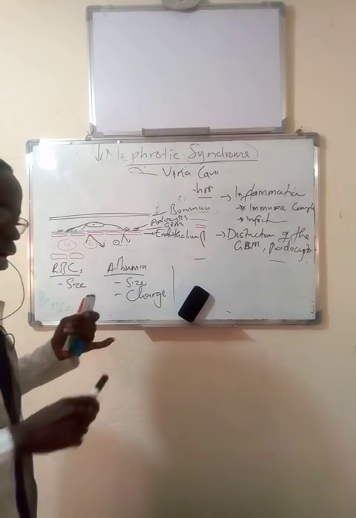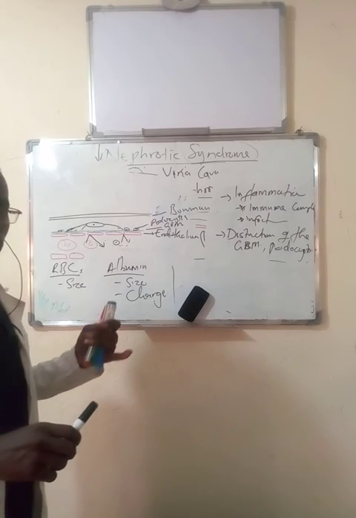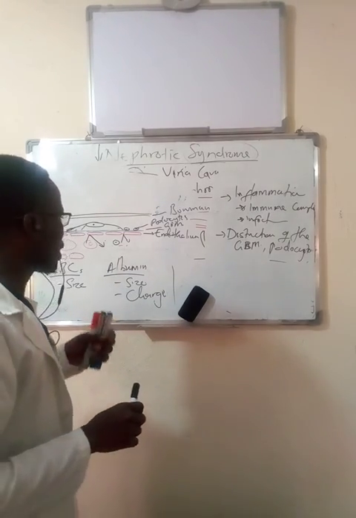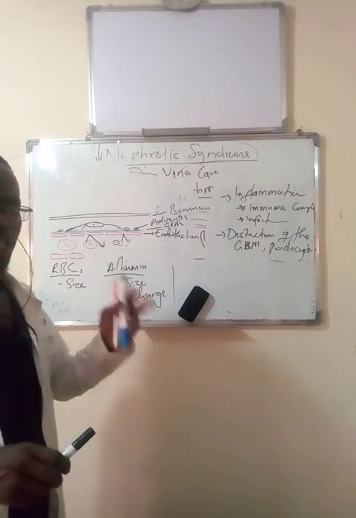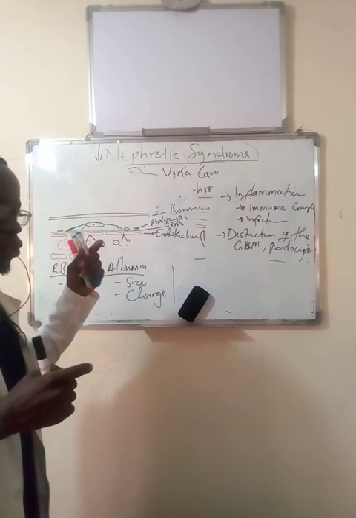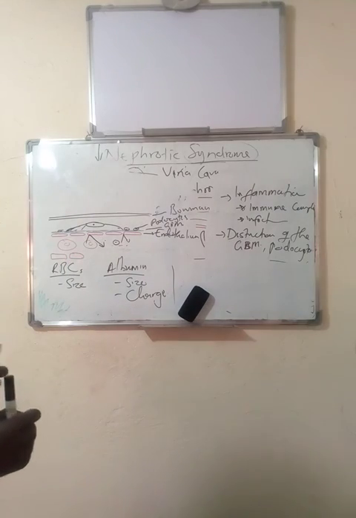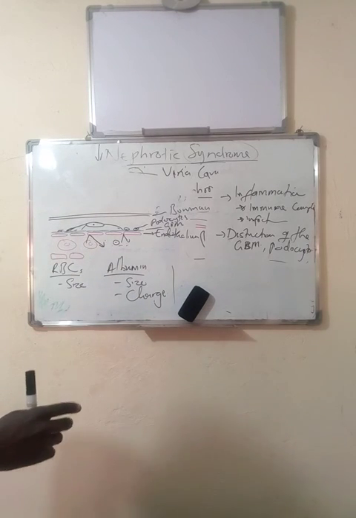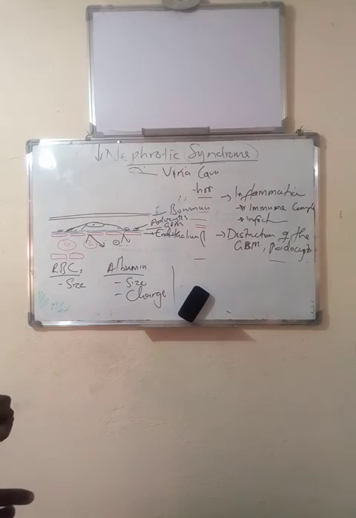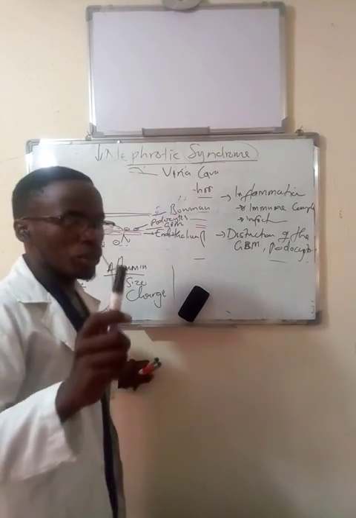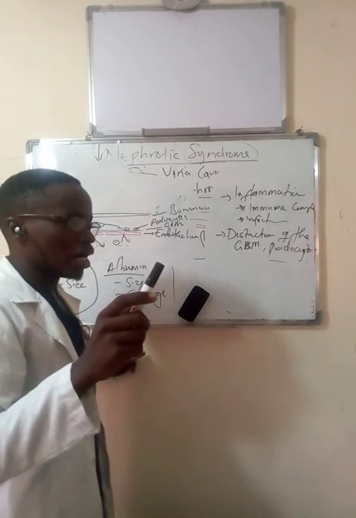Then we also said that there is edema, hypoalbuminemia, and hypercholesterolemia. That is where the hypercholesterolemia is coming in, because the most prominent lipid that is there is cholesterol. Is that fine? All right.